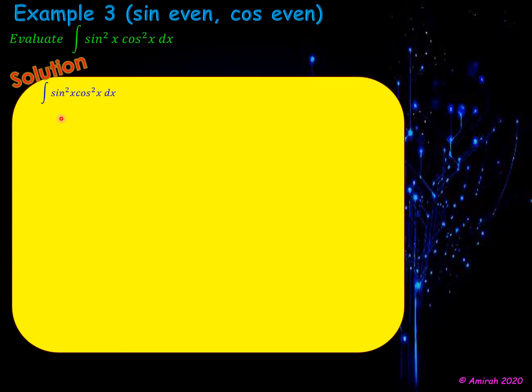Okay, if we want to integrate sine squared x, cos squared x dx, firstly, we need to identify that the powers of sine and cosine are now even. Because the powers of sine and cosine are even, what we should do is use the double angle identity.